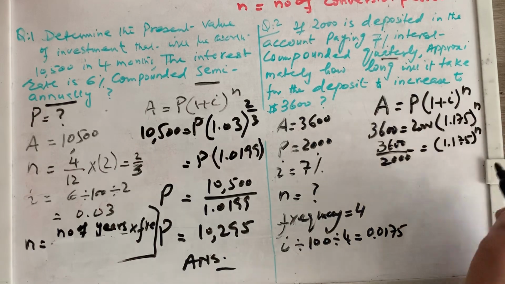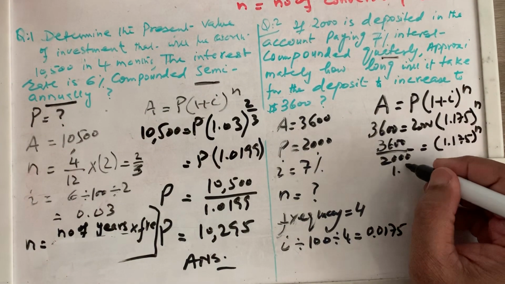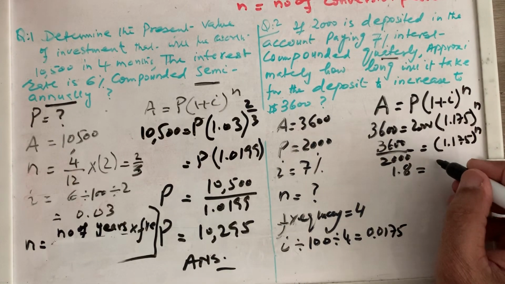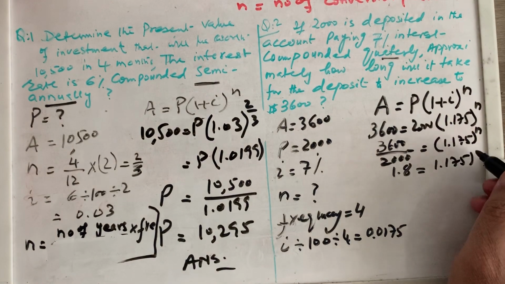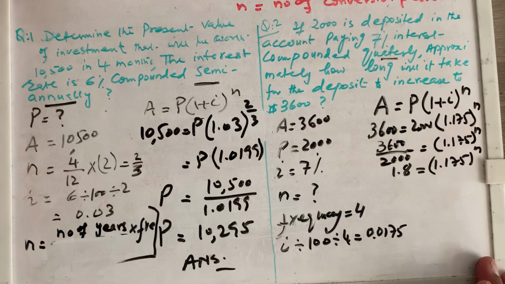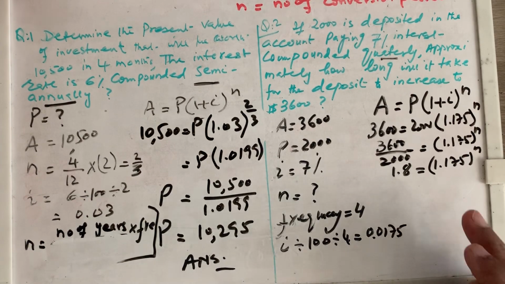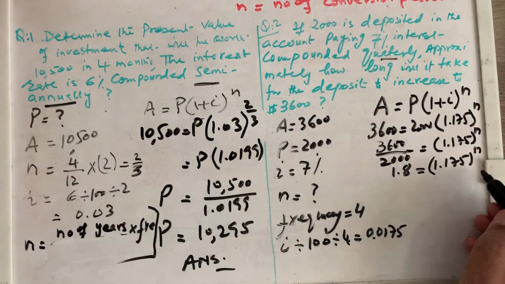When we simplify this part, it is 1.8, right? 1.8 is equal to 1.0175 to the power N. And this N is unknown in this equation, the exponent. How to solve an exponent function? We take the logarithm of both sides.